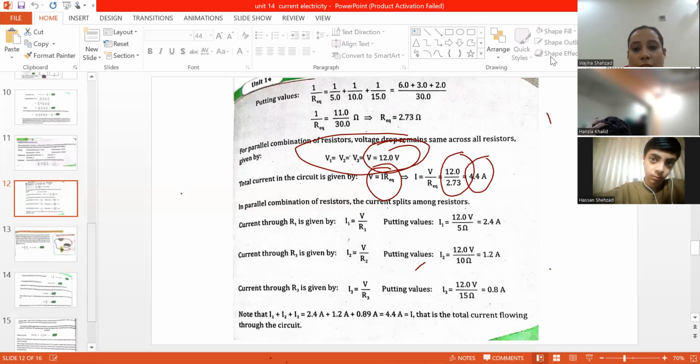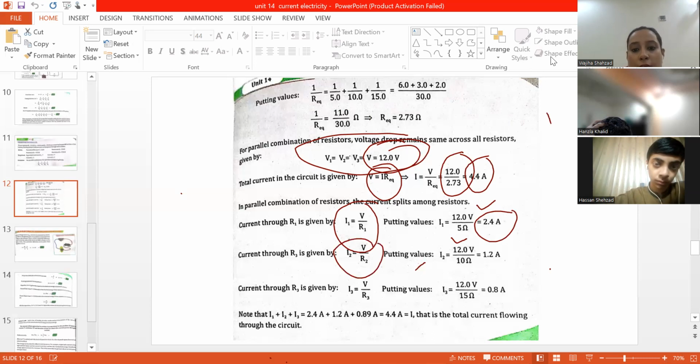Similarly, for resistance R1, again, we will use the formula I1 is equal to V by R1. The value for voltage is the same, that is 12, but R1 is different. So dividing them, we will get 2.4 ampere. For I2 is equal to V by R2, I2 is equal to 12 by 10. Then we will get 1.2 ampere, right?